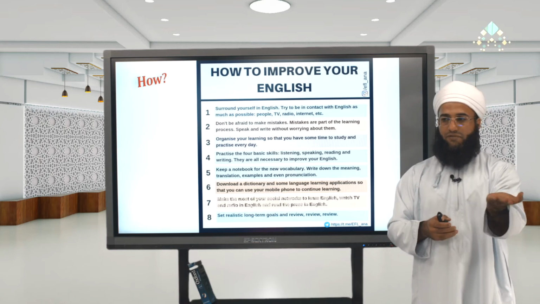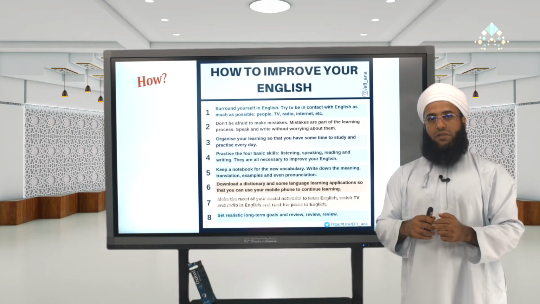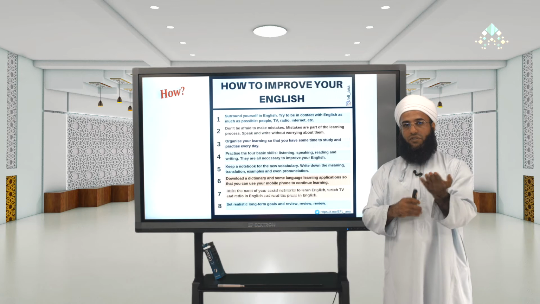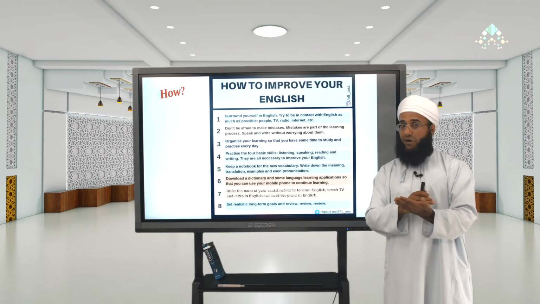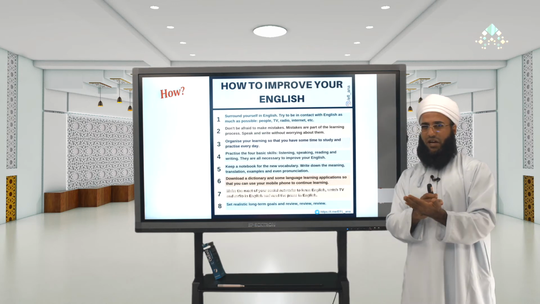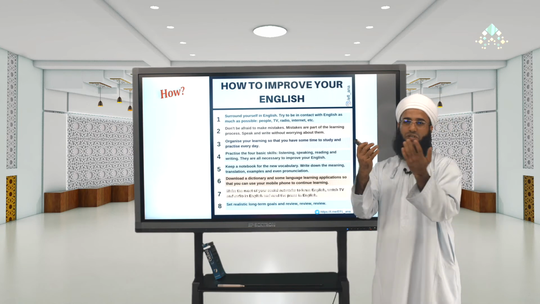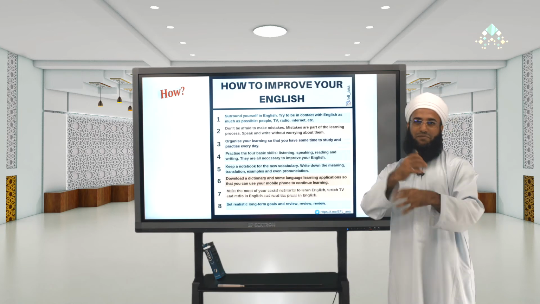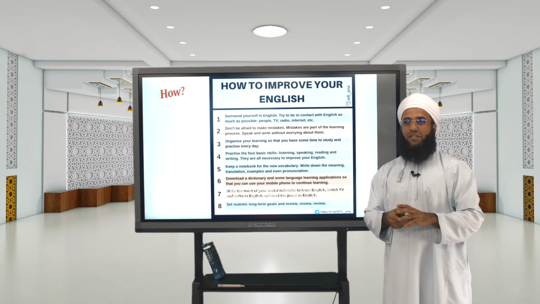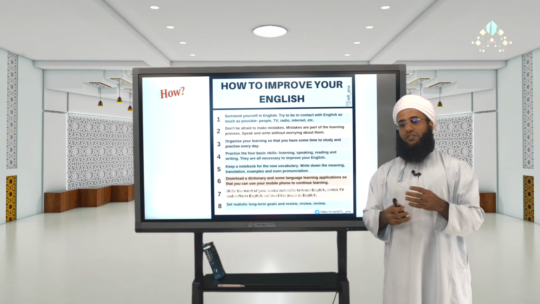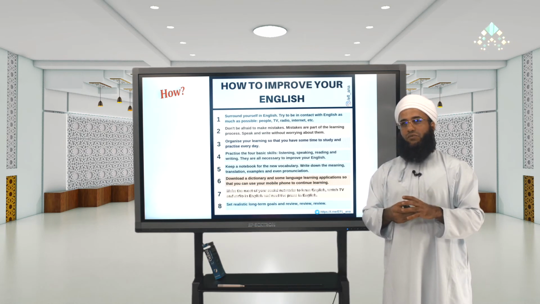So you can have in your tab or your device or your mobile, although it's not only a mobile now. In the past it was a mobile, but now we call it a multifunctional device.